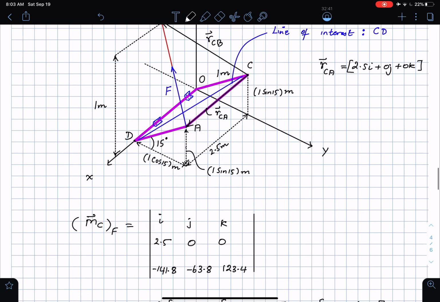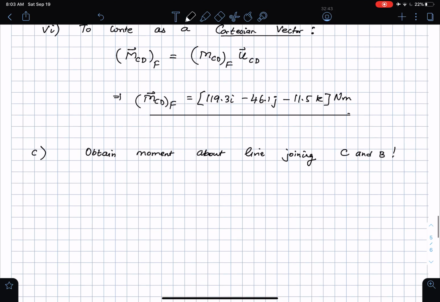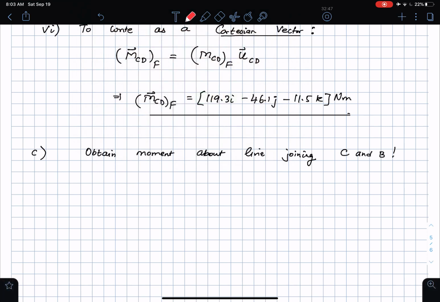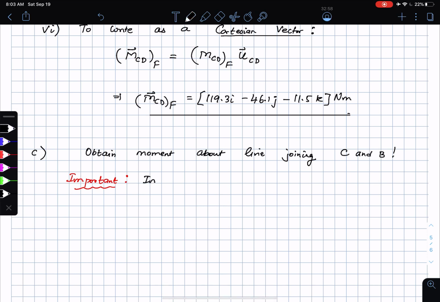In the following situations. Okay, so this is important. In the following situations, moments can be zero.